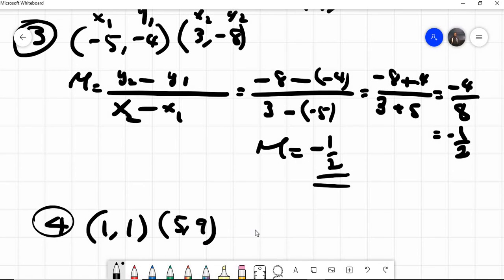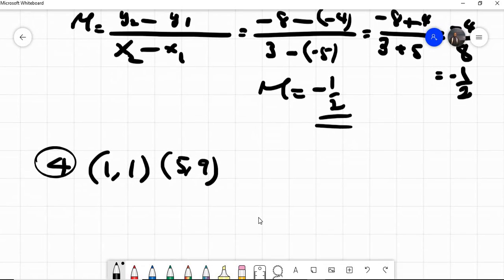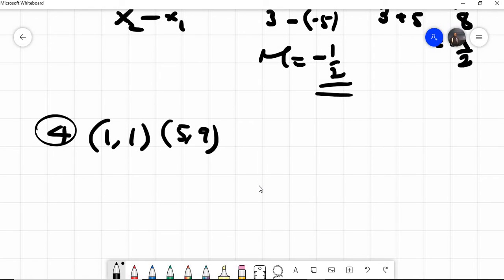And the fourth example is points 1, 1 and 5, 9.